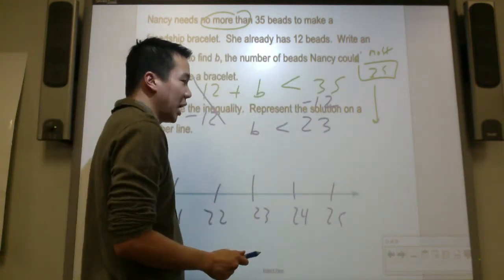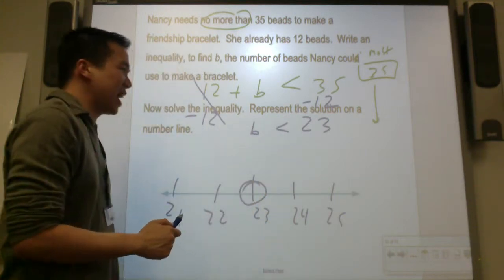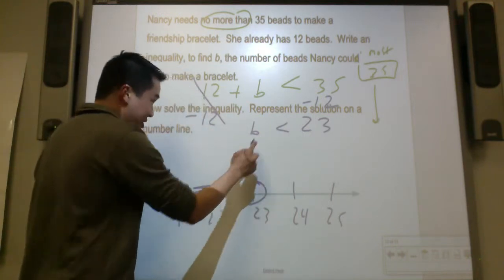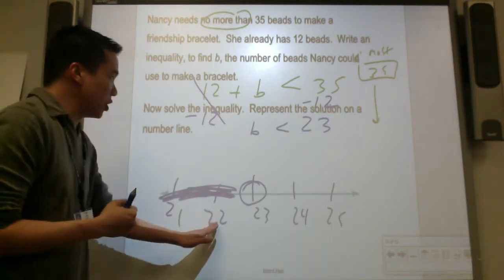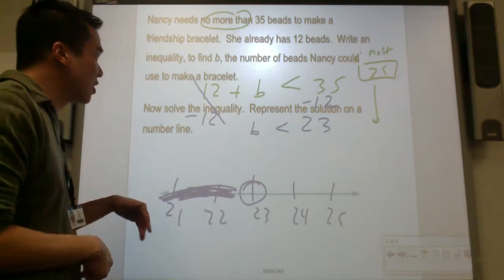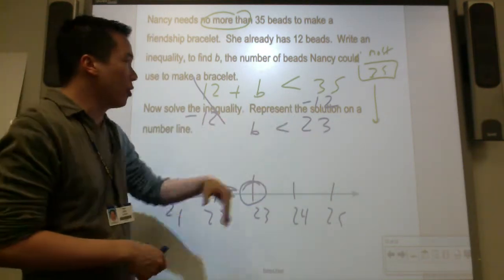Is this an open dot or closed dot? It has to be numbers that are less than 23, which are 22, 21. It's facing this way. So if she made 22 bracelets or 21 bracelets or 20 bracelets, she'll be okay because it's always going to be no more than 35.